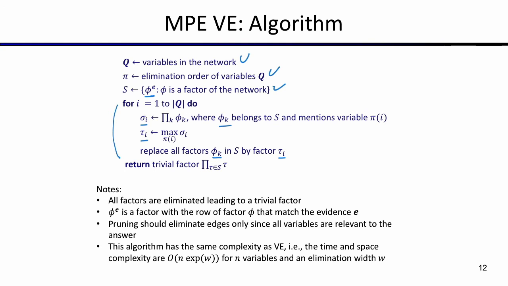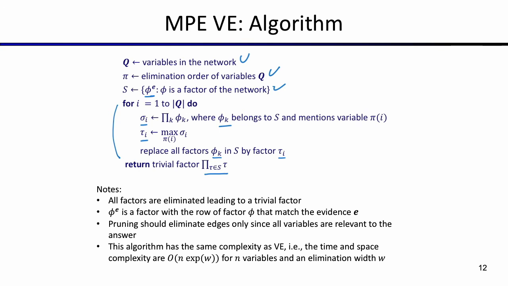We keep on doing that until we finish with all the variables in Q. At the end, like what happened with the variable elimination process, we may have one or more factors in S, and they will all be trivial factors. We just multiply all of them together and return this to the user.